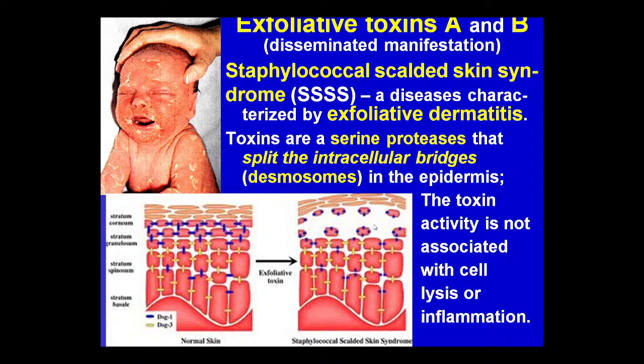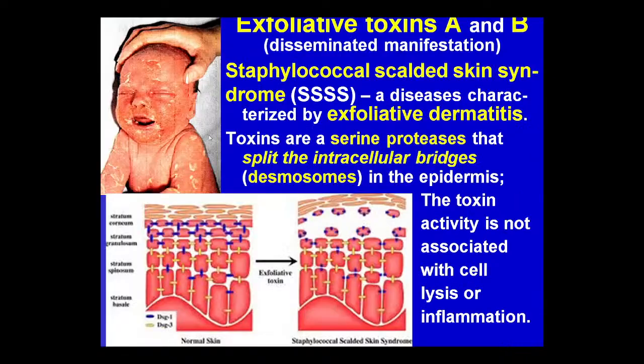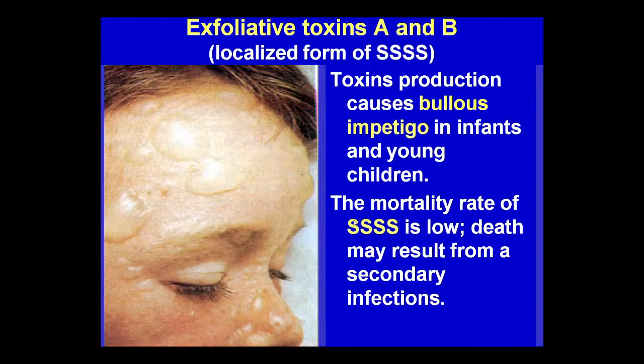The toxin activity doesn't cause lysis of the cells, but when it occurs in a systemic way, the exfoliation of the upper part of the skin may lead to secondary infection. The toxin doesn't cause a very strong inflammatory response, but recolonization of the skin by a secondary pathogen may lead to very serious conditions.